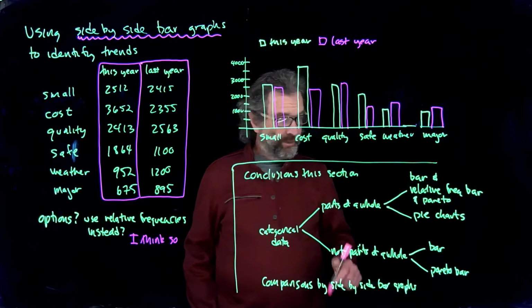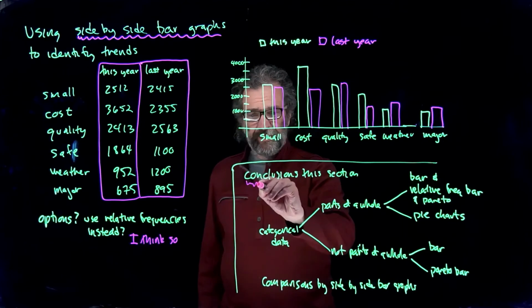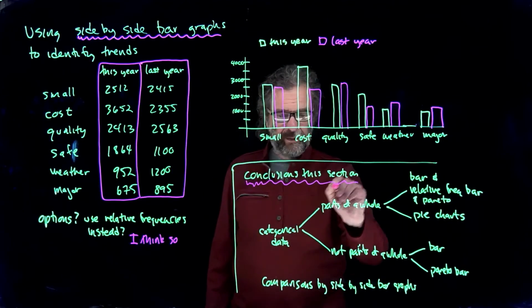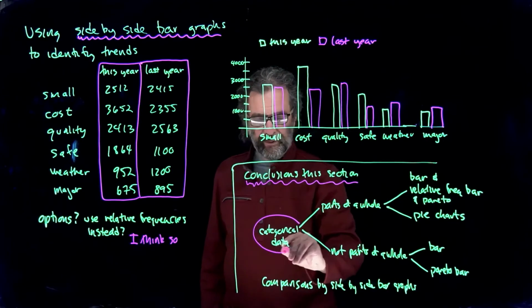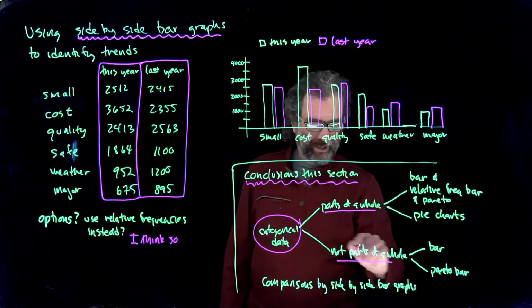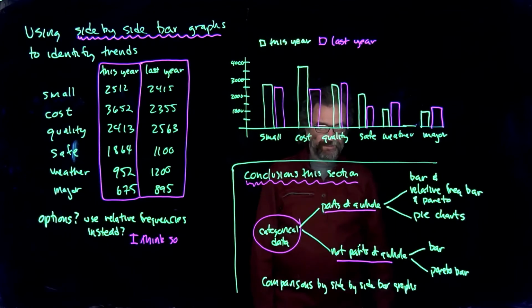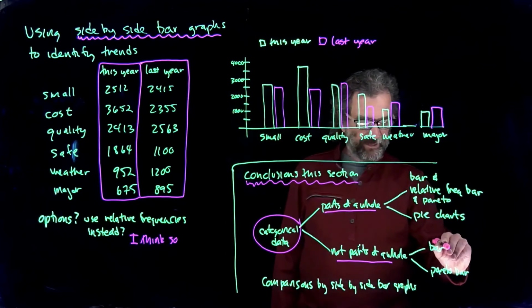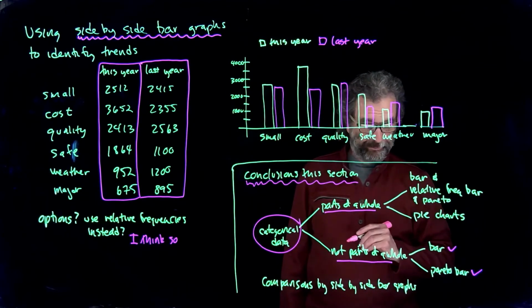And then down here, just kind of conclusions for the whole section. We said we're working with categorical data. We have to decide if it's parts of a whole or not parts of a whole. That impacts our decision. If it's not parts of a whole, we'll do bar graphs. We'll maybe do Pareto bar graphs.